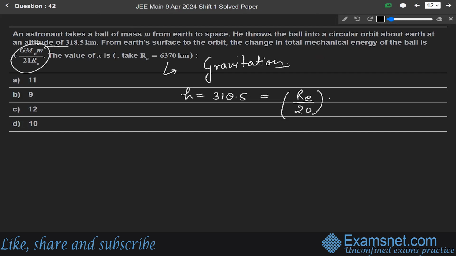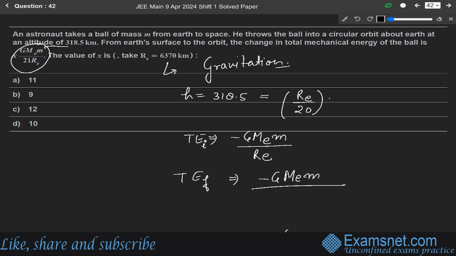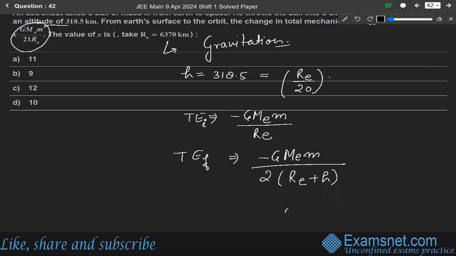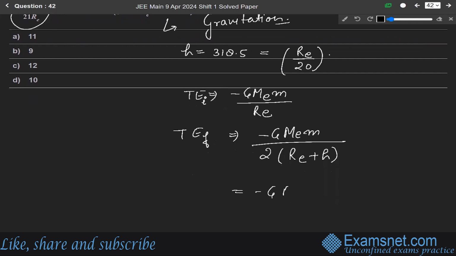Okay. So total energy, we know, is equal to minus G M_E m over R_E, so G, mass of Earth into m, over radius of Earth. Let us say this is the initial energy and this one is the final energy. So it will be equal to minus G M_E m over 2(R_E plus h), where h is the altitude at which we have to find this. So h will be R_E over 20 as according to the question.